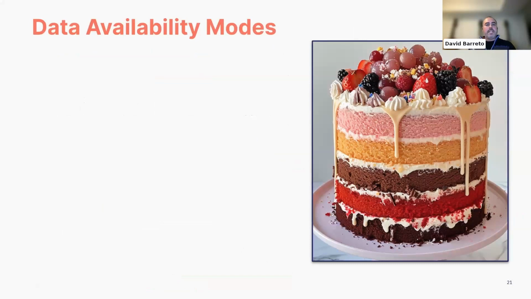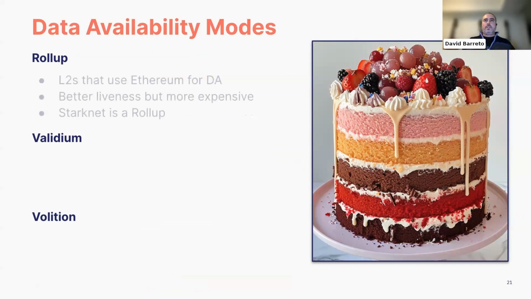So let's talk about data availability modes, there are three. At least right now, there are really just two, but a third one coming later. So we have the rollup mode, the validity mode, and the evolution mode, right? So different layer twos will have different DA modes. So in the case of rollup, what makes a layer two a rollup is that the data for DA is posted on Ethereum.